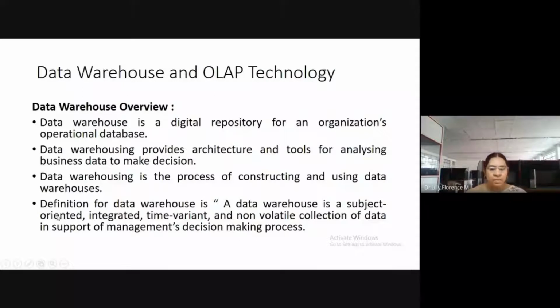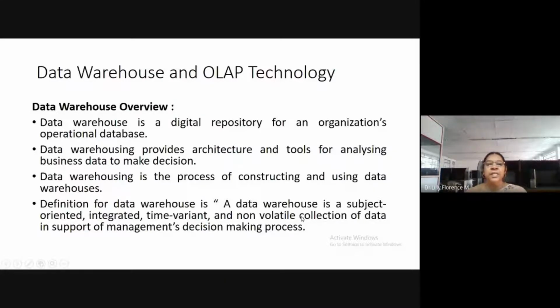All these four keywords frame the definition: a data warehouse is a subject oriented, integrated, time variant and non-volatile collection of data in support of the management decision making process. Let me see the keywords of data warehouse one by one.